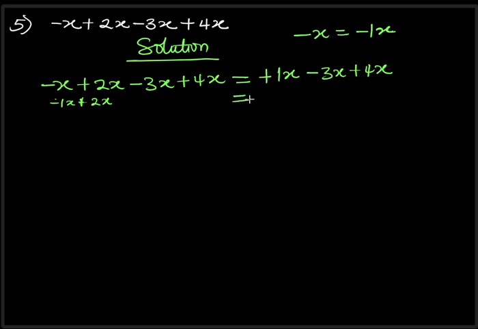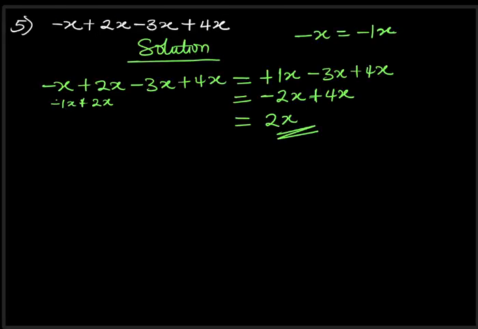Plus and minus are different signs, so we subtract 3 minus 1, that will give us 2. The sign of the bigger number is minus, so that is minus 2x plus 4x. What do we have here? Still different signs. We subtract 4 minus 2, and the sign of the bigger number is plus, so that gives us 2x as our final answer.